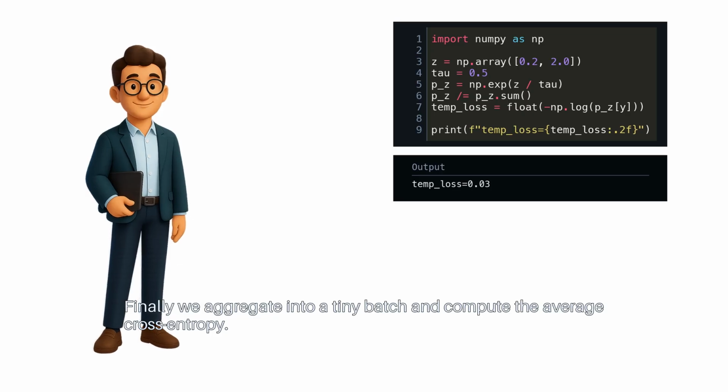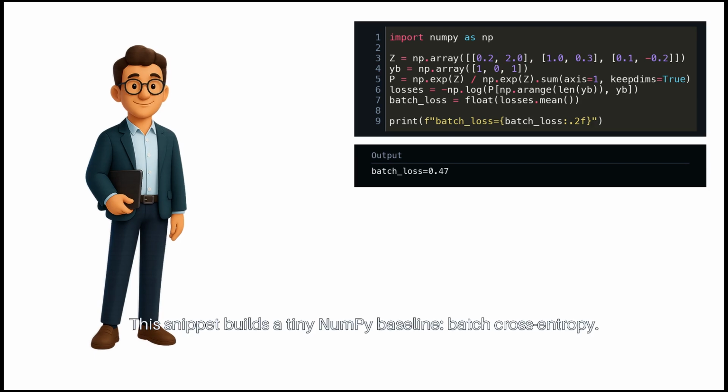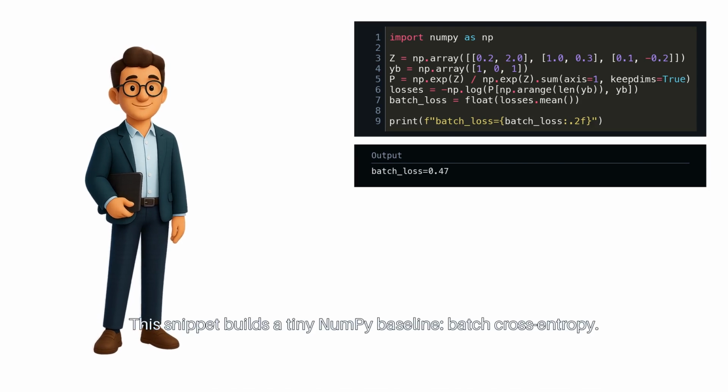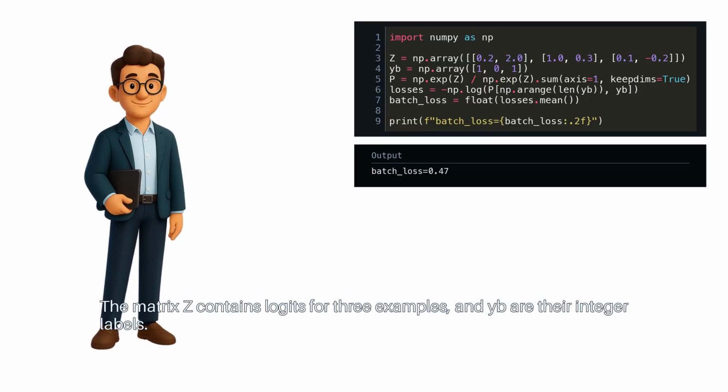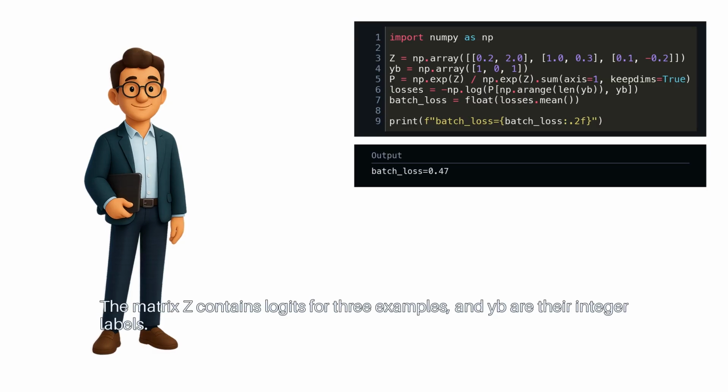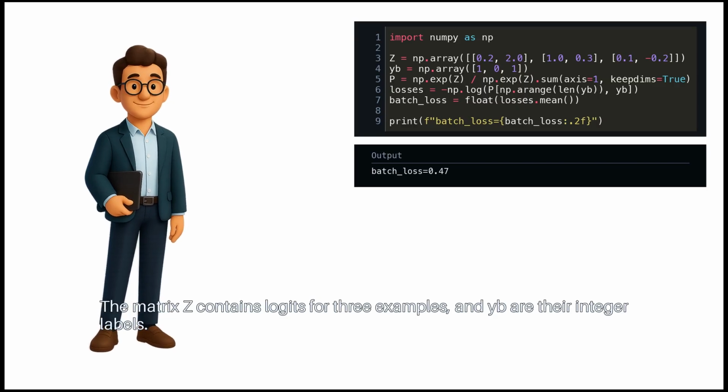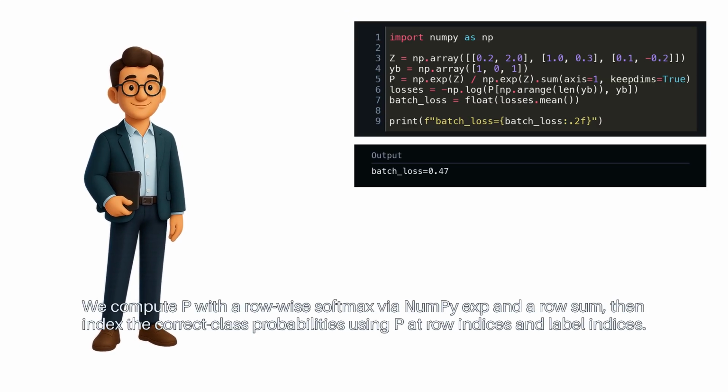Finally, we aggregate into a tiny batch and compute the average cross-entropy. This snippet builds a tiny NumPy baseline, batch cross-entropy. The matrix Z contains logits for 3 examples, and YB are their integer labels. We compute P with a row-wise softmax via NumPy exp and a row sum.